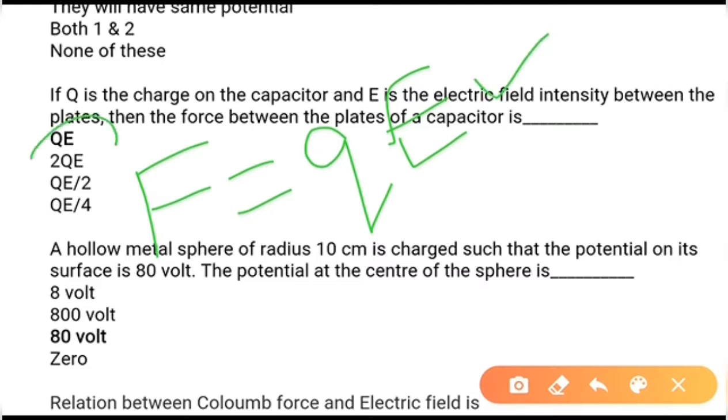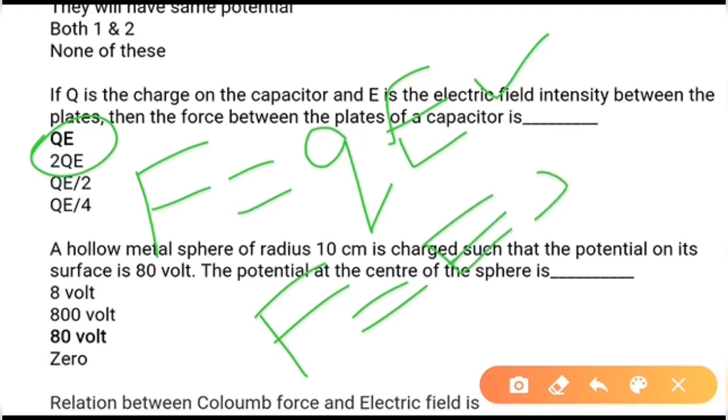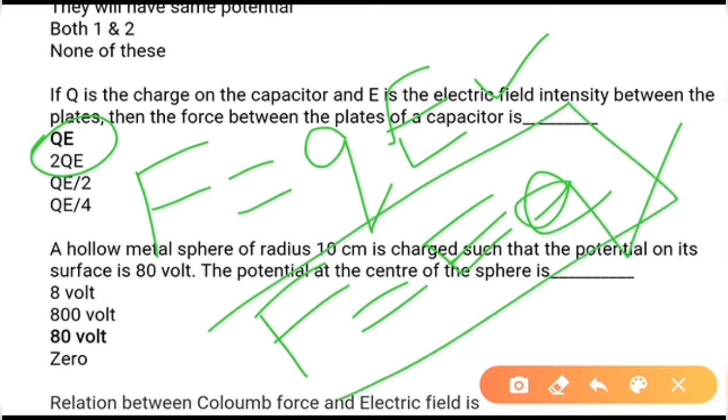Here capital QE is the answer. So this is the common formula. Basing on this, capital Q into E is the answer for this question.